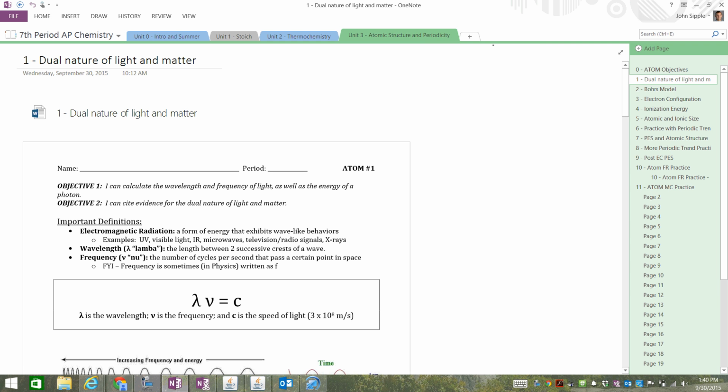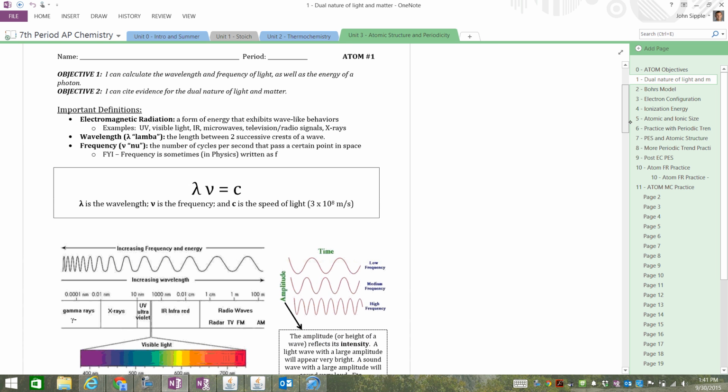When we look at light, we're going to break it into a couple of different pieces, and the main parts are the wavelength and frequency.